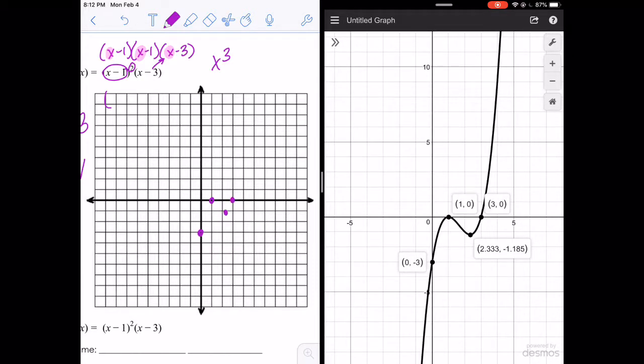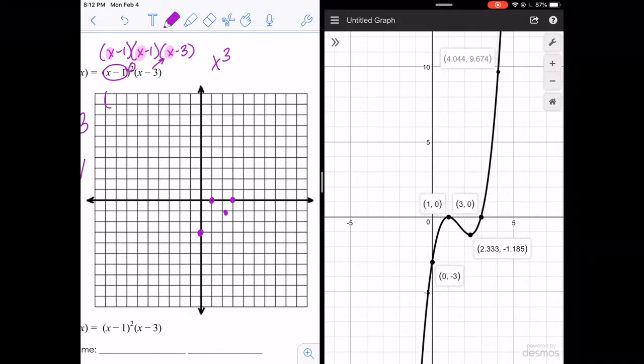And then super important that I get my root there. And then I think there's one at 4, 10 maybe. It's kind of hard to tell, but I can see that it's going off the graph. So I'm going to go up here like that.